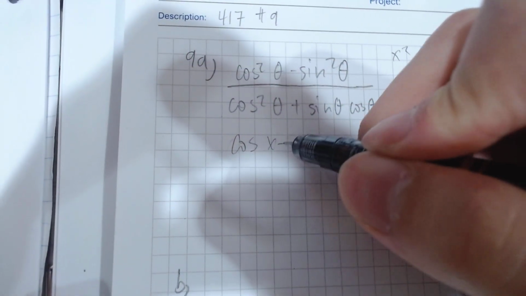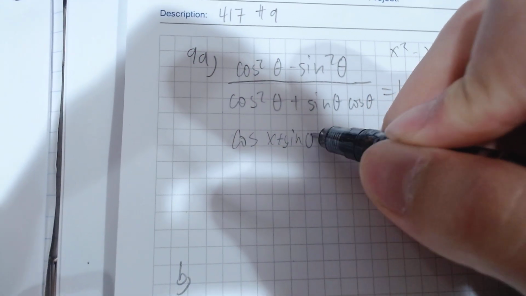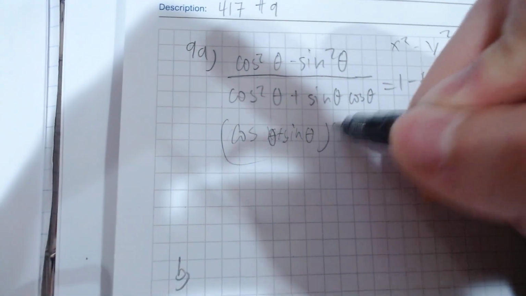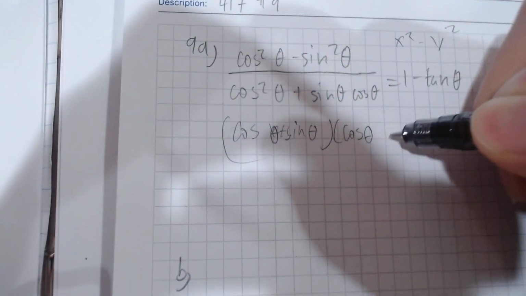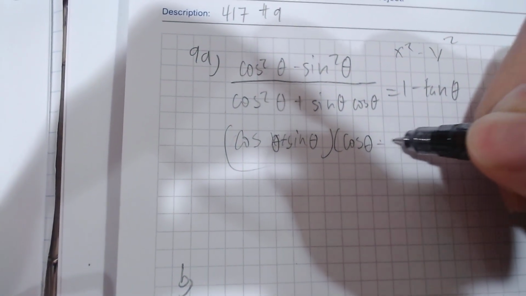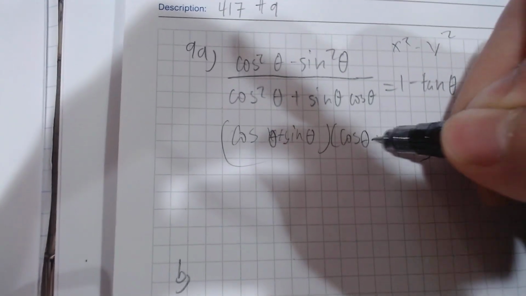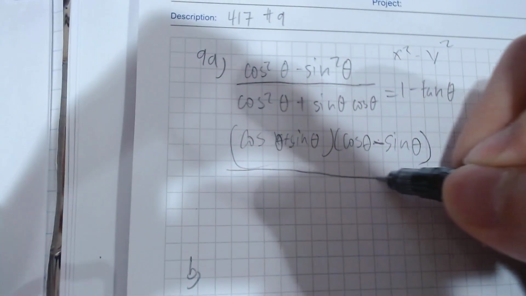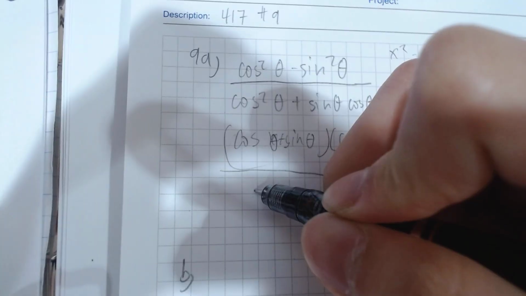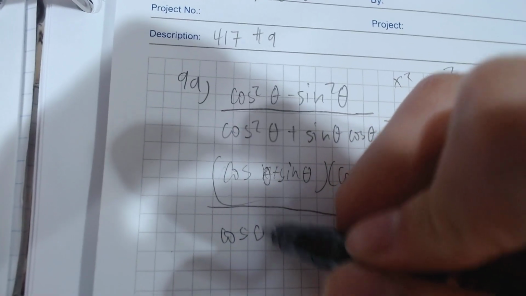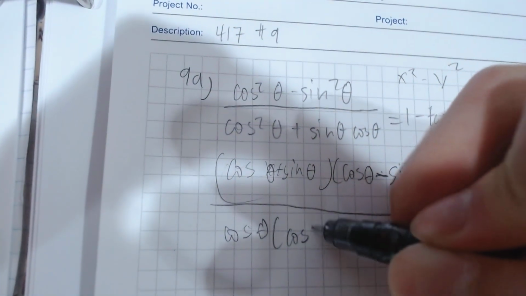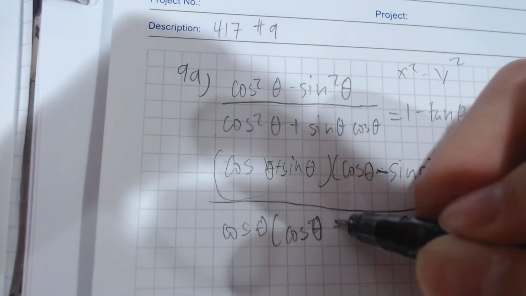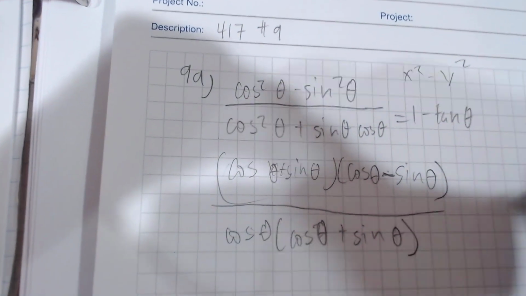So you can expand this and you would get, and you also have to factor out the cos in the denominator. And you get this.